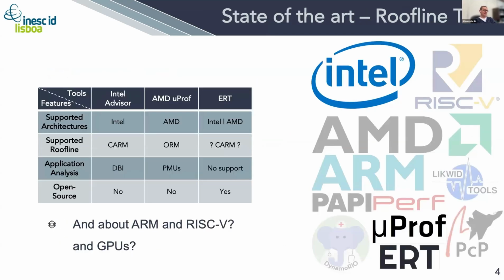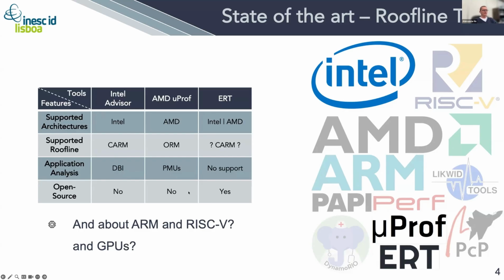In fact, almost every major vendor nowadays has some roofline support, to different extents. For example, Intel went really far with the roofline support in Intel Advisor. They officially support the cache-aware roofline model, and in terms of application analysis, they rely on dynamic binary instrumentation, or DBI. Of course, as you know, it's not open source.